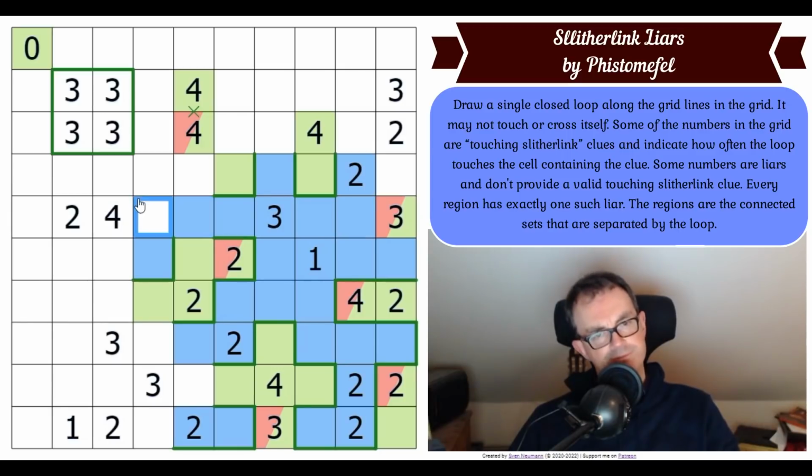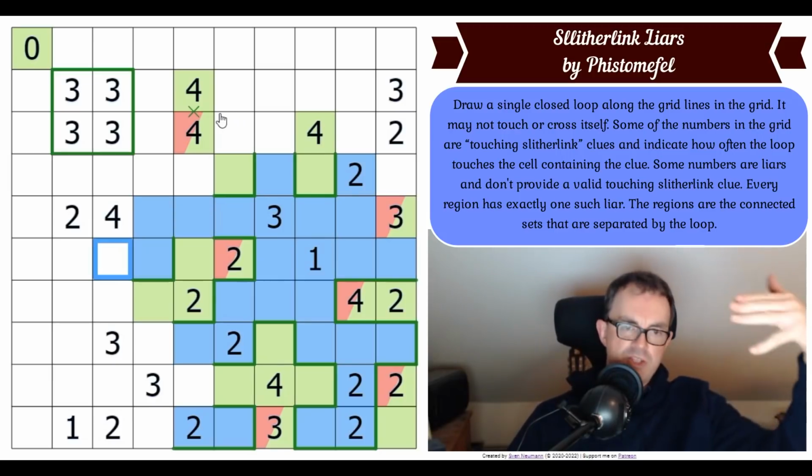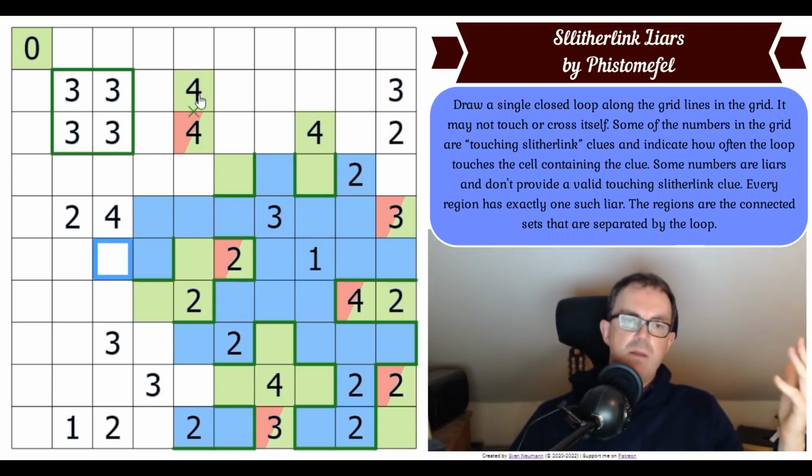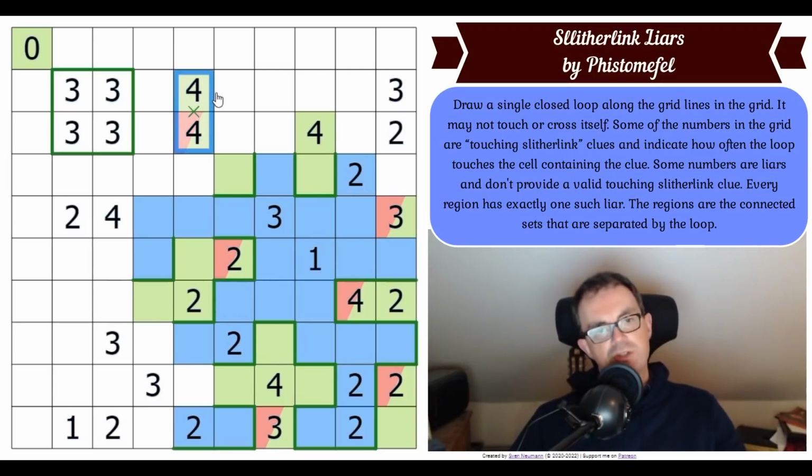So this is blue. Therefore, this is blue by exactly the same logic. But now we go back to the logic we did earlier, which is to say that these two cells are in the same region now, and this is incorrect, so that must be correct. And if it's correct, it's a 4 clue, so we get to draw loads of line segments around it.